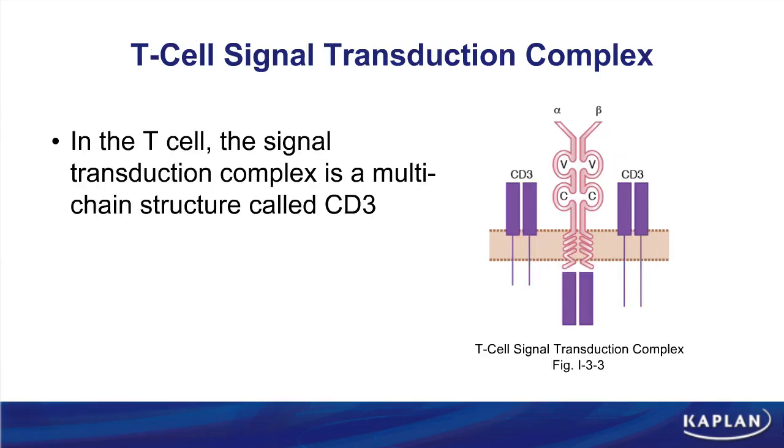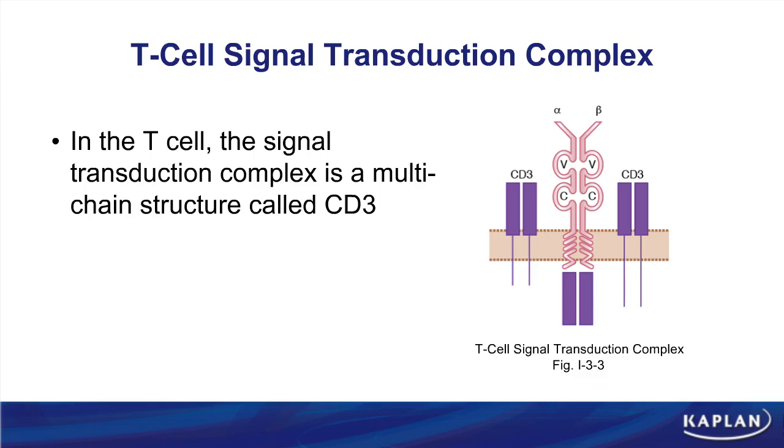The T cell signal transduction complex is also known as CD3. It's way more high yield than the B cell signal transduction complex because we actually have drugs or biologics that can interfere with its function. So they make for really good questions. CD3 is a multi-chain complex that is going to associate in the T cell membrane with all T cell receptors.